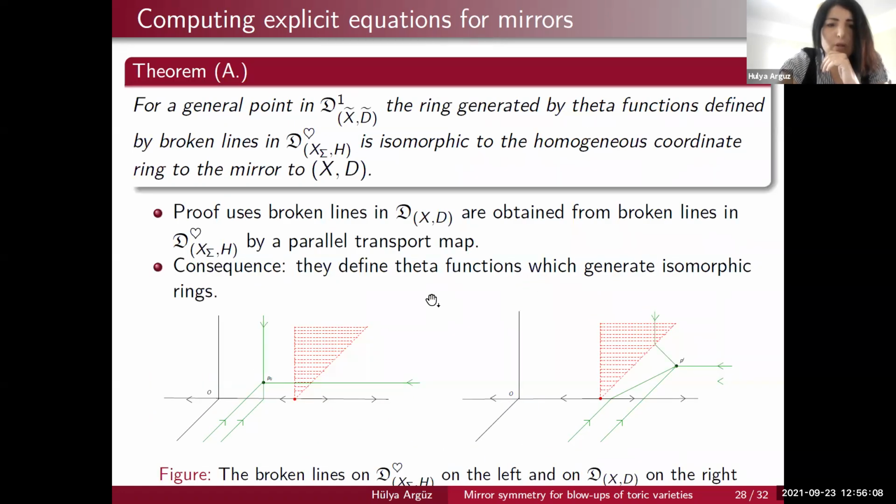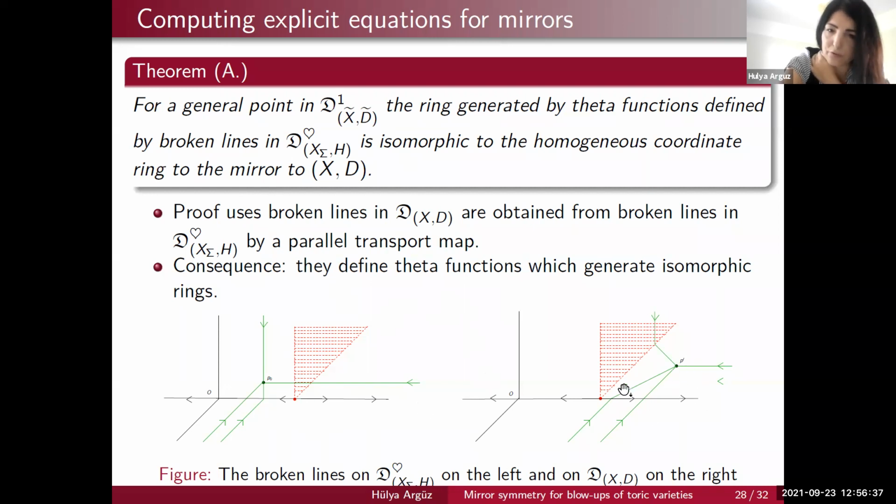Okay, so the upshot, just to wrap up, the main theorem is for a general point around the origin. If you take a general point, and if you define theta functions by broken lines there, without worrying about the affine singularity, just by forgetting about all the affine singularities that are outside, then you get the ring of theta functions.